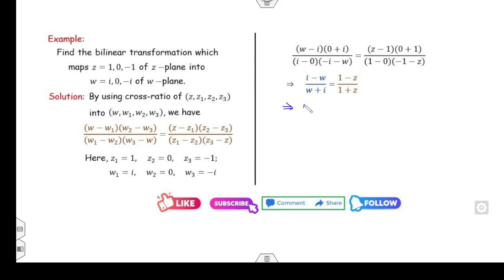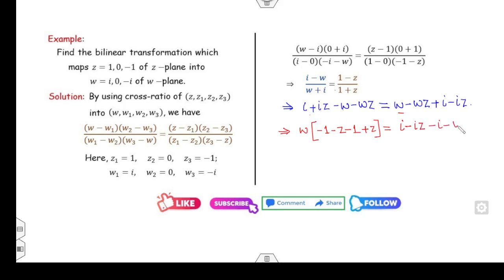So if you cross multiply, iota plus iota Z minus W minus WZ, which is equal to W minus WZ plus iota minus iota Z. Now you can put W on the left hand side, and all those terms which are free from the W put on the right hand side.